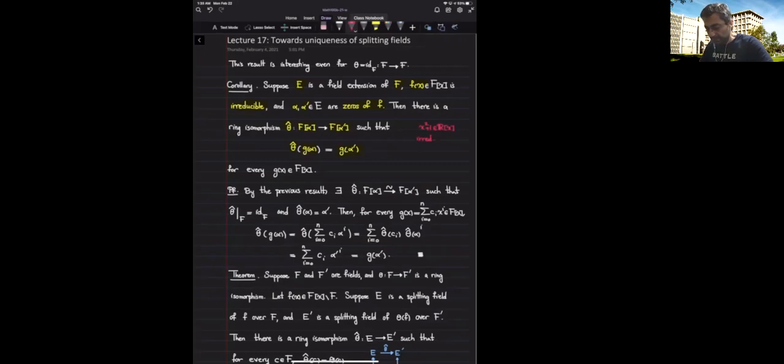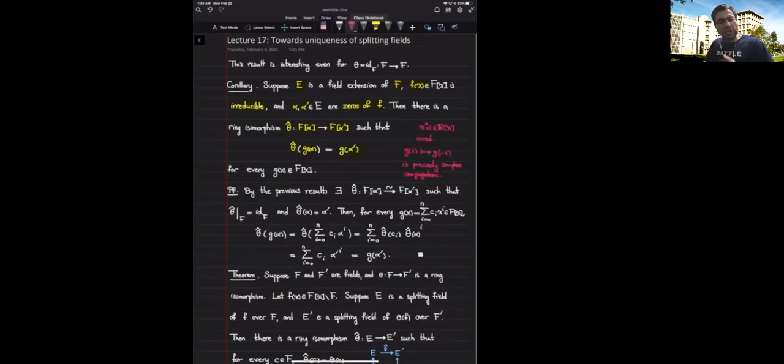And the map that sends any real polynomial evaluated at i to g of the other root, which is negative i, is nothing but complex conjugation. It's precisely complex conjugation. And what we are saying here is that complex conjugation preserves addition and multiplication, and it's a bijection.